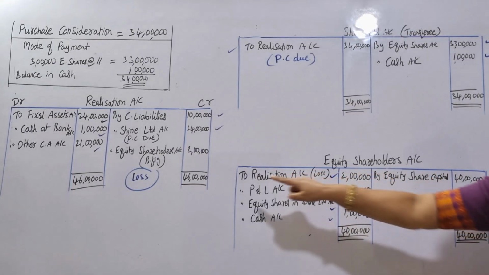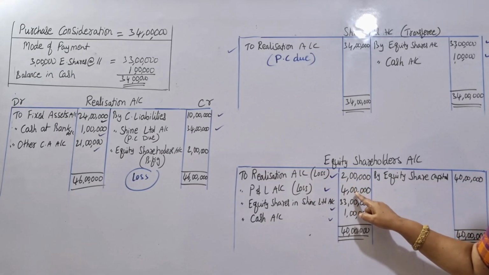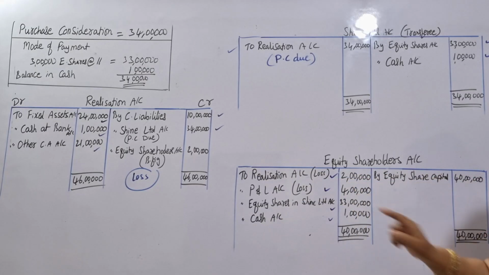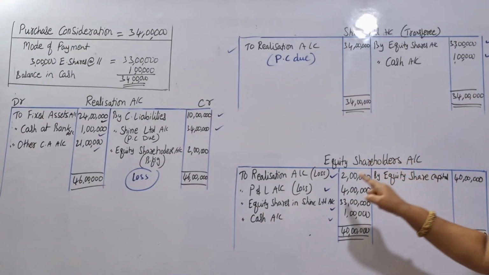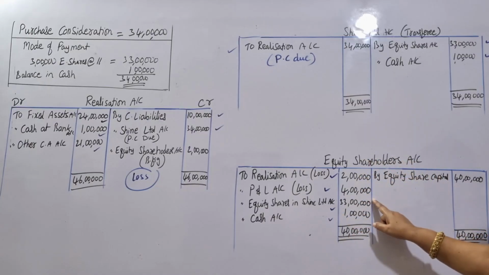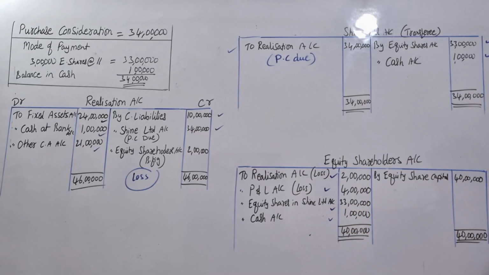Then on the debit side, the realization account loss is transferred to the equity shareholders. The profit and loss account loss is also transferred to the debit side, right? And the rest of the things are payment. Equity shareholders are getting a payment of this much through the shares in Shine Limited, and through cash. That's all, easy. Okay, screenshot.